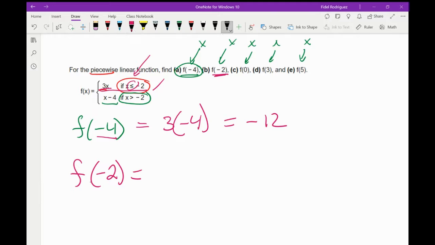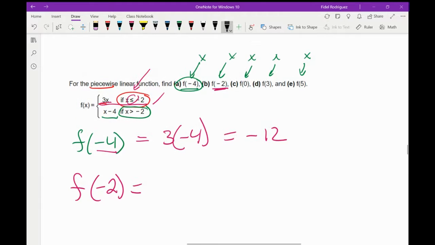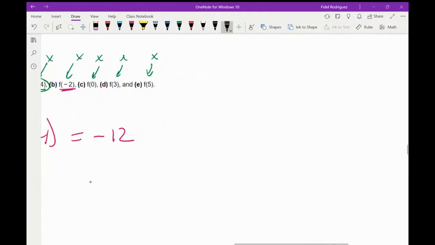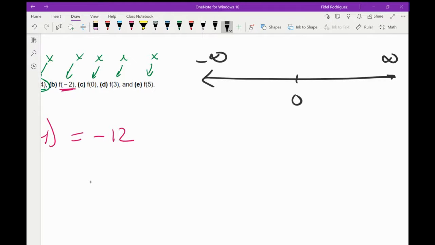And guys, if you ever get confused and you're like, how do I know if it's smaller or bigger? Do this. Draw yourself a number line, put your negative infinity here, your infinity here, put 0, and just start doing this. Look, 1, 2, 3, 4, 5. And then this side looks the same way: negative 5, negative 4, negative 3, negative 2, negative 1.